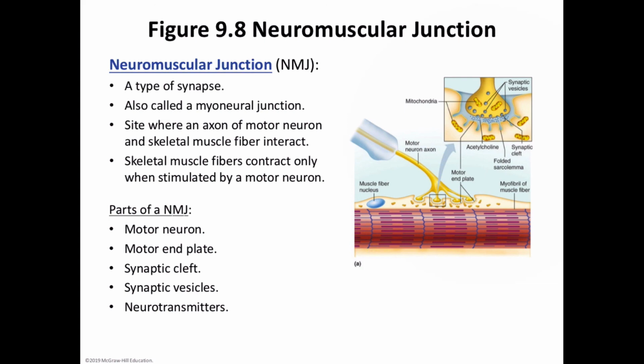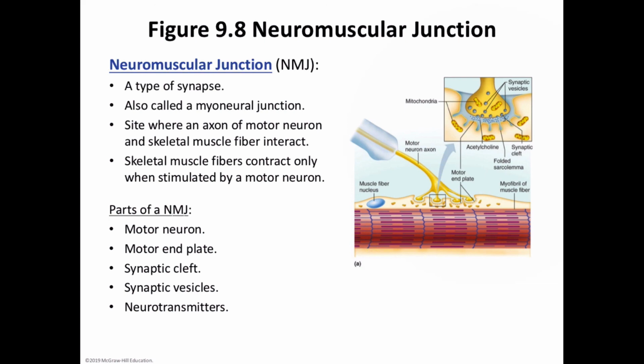Thereafter, those vesicles that fuse will bind to the neurolemma, the cell membrane of this motor neuron, and by way of exocytosis, the neurotransmitter will leave and diffuse across the synaptic cleft to those chemically gated sodium potassium channels.